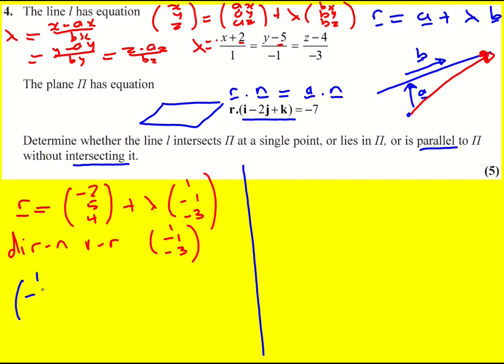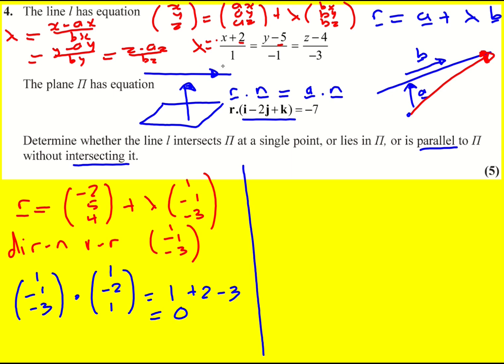And so what we can do is take our line and dot it with 1, minus 2, 1. We're going to get 1 plus 2 minus 3. We're going to get 0. What that means is that the normal vector and the line are at right angles, which means it's going to be parallel or in the plane itself.